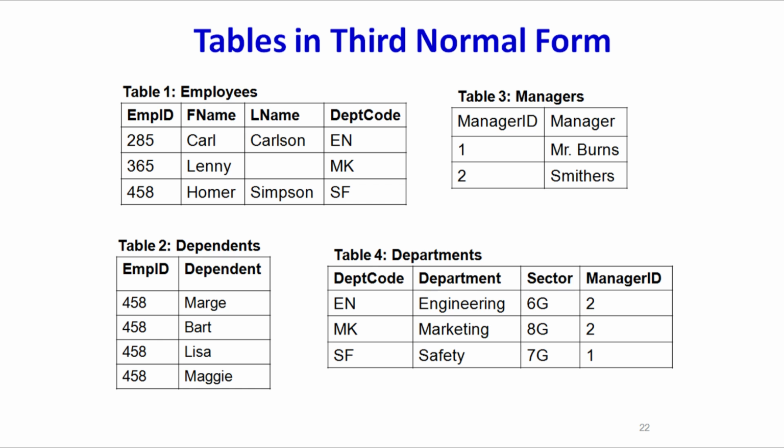Now, when we remove repeated data and all keys that are not dependent on a primary key, we'll get 4 new tables. Table number 1 is employees with employee ID, first name, last name, and department code. Table number 2 is dependents with employee ID and their dependents. And table number 3 is managers. We have manager ID and the manager. And table number 4 is departments. We've got department code, department itself, sector, and manager ID.